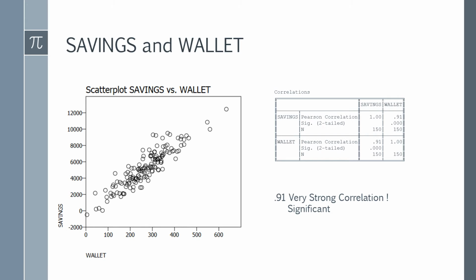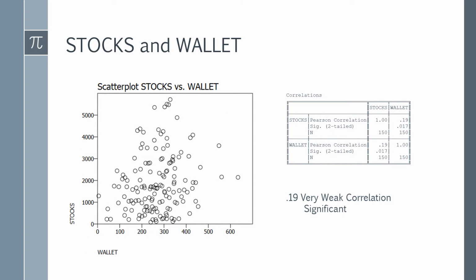Therefore, is a significant correlation. Finally, when we analyze the stocks and wallet variables in the PSPP software, we found a 0.19 very weak correlation, but still a significant correlation.